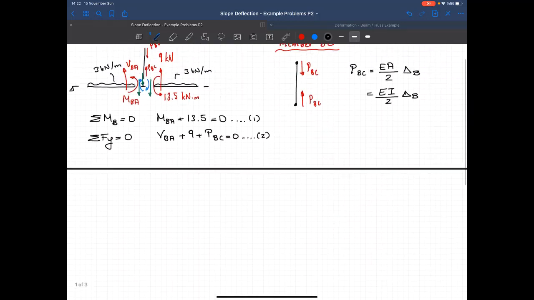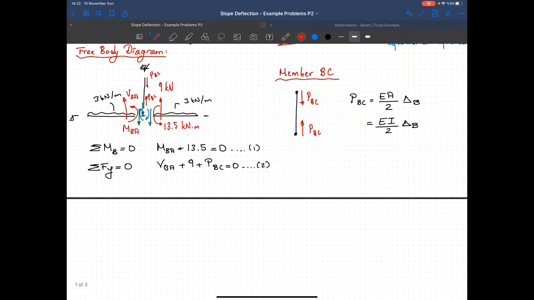Now let's jump to member AB and write down the slope deflection equations, because member AB undergoes bending deformation only. And we have a translation degree of freedom at the tip of member AB, or at point B. According to the direction that we define for the translation, it moves in the upward direction.